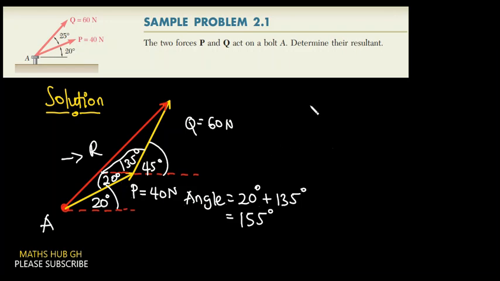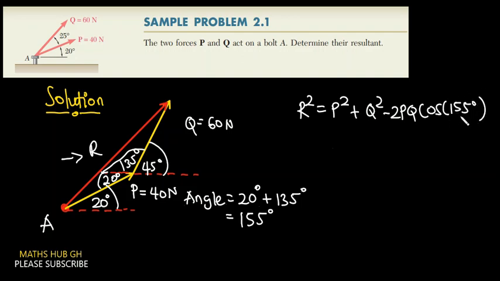From the cosine rule, we are going to have the equation R squared equals P squared plus Q squared minus 2PQ multiplied by cosine of the angle opposite to the resultant force R, and that angle is 155 degrees. This is what you're going to have.